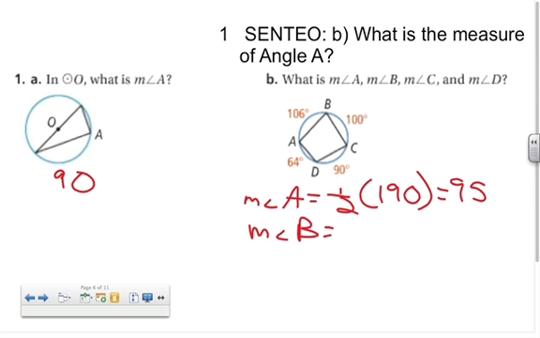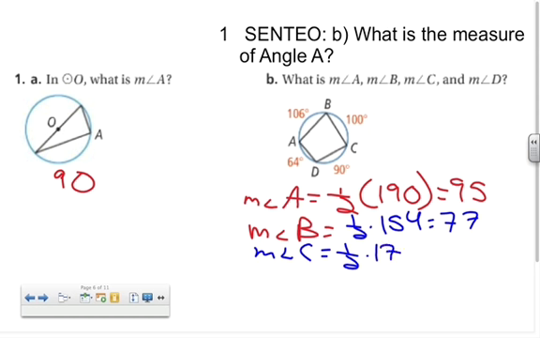The 64 plus 90, so that's 154 that I'm taking half of. Measure of angle C is half of the arcs it's intercepting, the 106 and the 64. So that's 170, giving me 85.